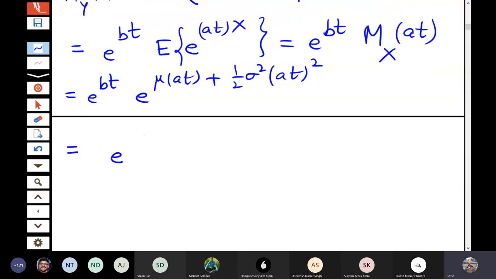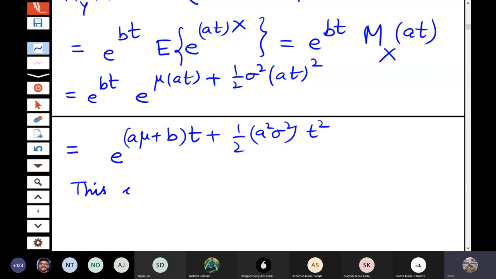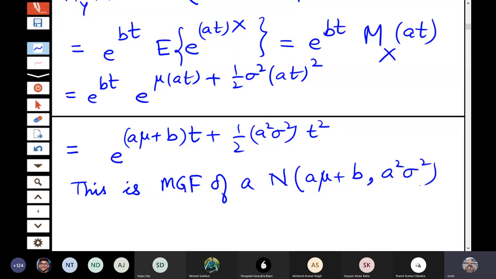It is e to the power a mu plus b into t plus half a square sigma square into t square. This is the moment generating function of a normal distribution with mean a mu plus b and variance a square sigma square.